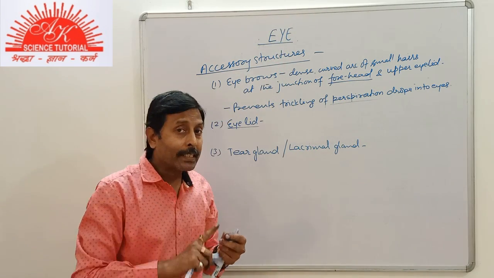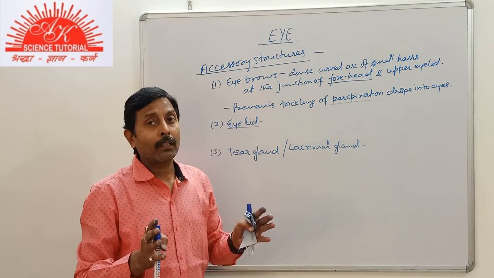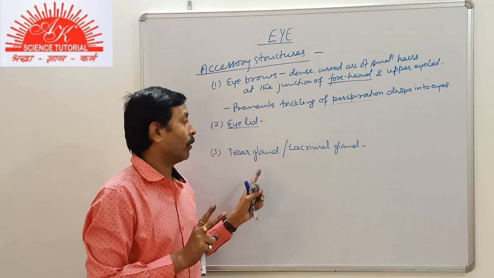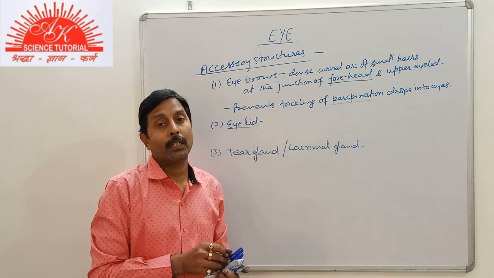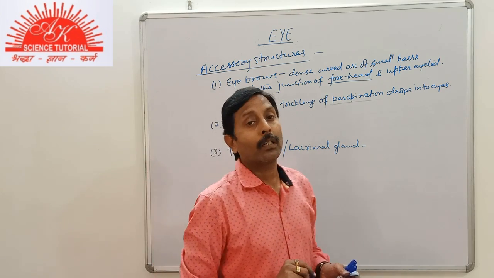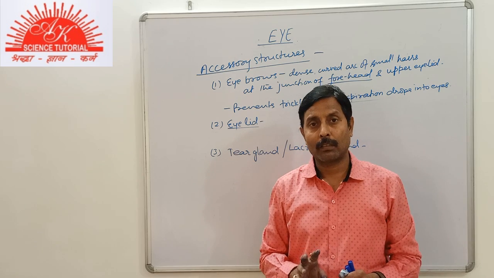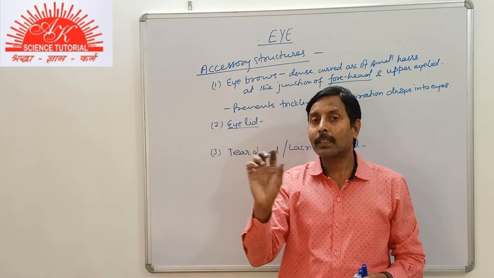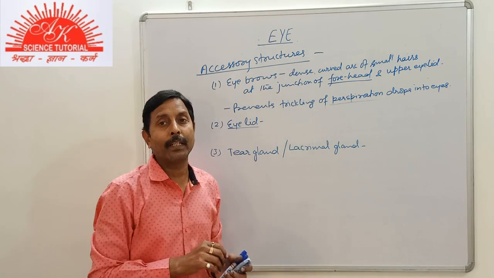Then in every chapter, every topic, while describing an organ, we will take care of 2 points: one will be the location and another is the function, because in the ICSE board, location and function related questions are asked. Like it will be given, write location and function of the following structures, and the name of the structure will be given.